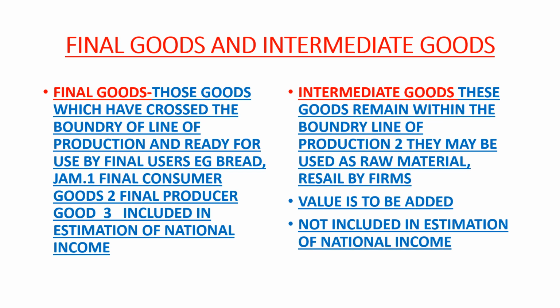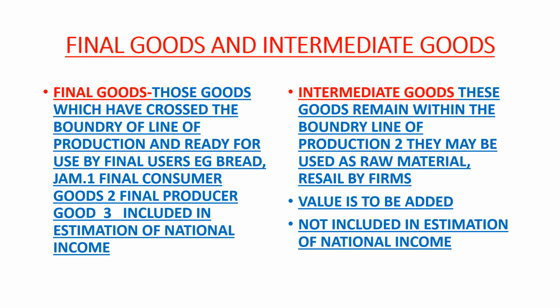Now the difference between final goods and intermediate goods. Those goods which have crossed the boundary line of production, or which are out of process of production, are called final goods, like bread, jam, shoes, etc., which are finally for use for consumers.